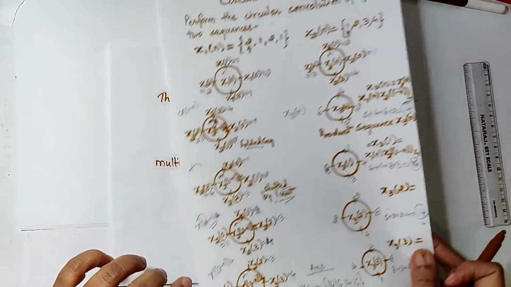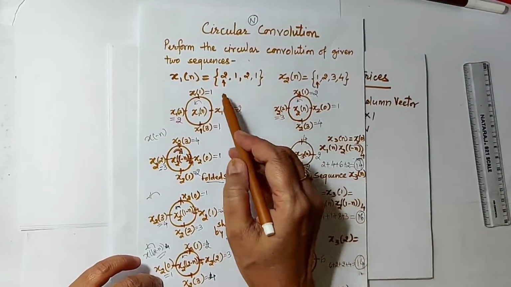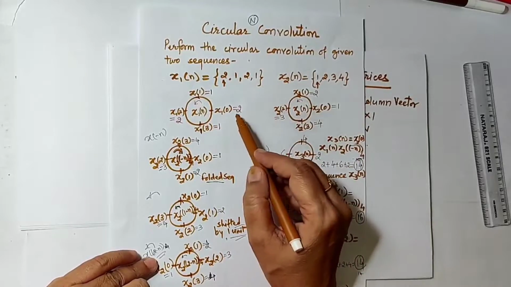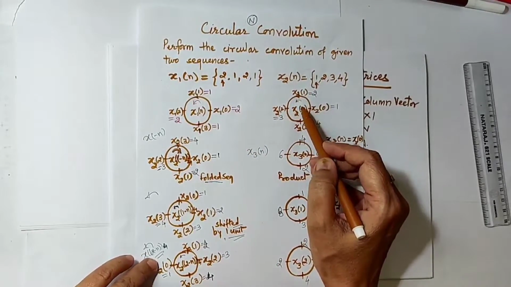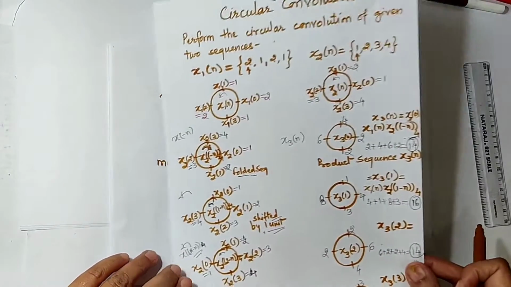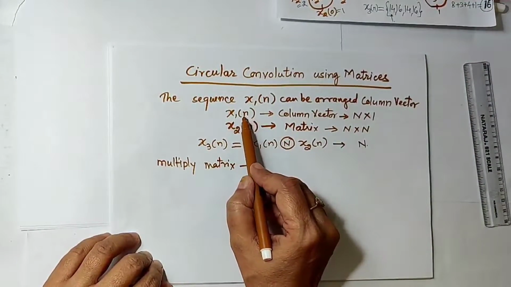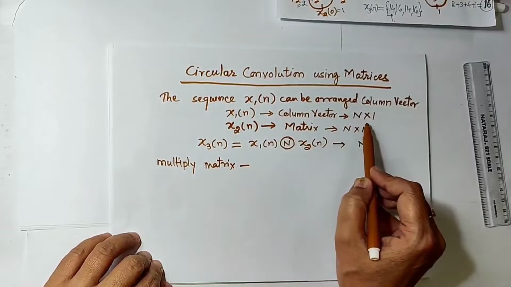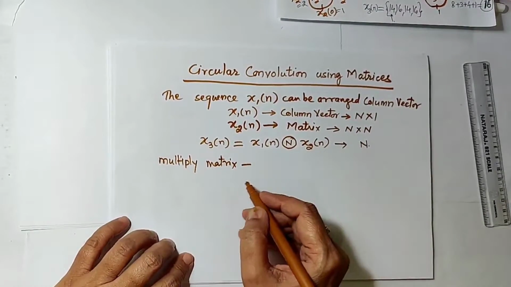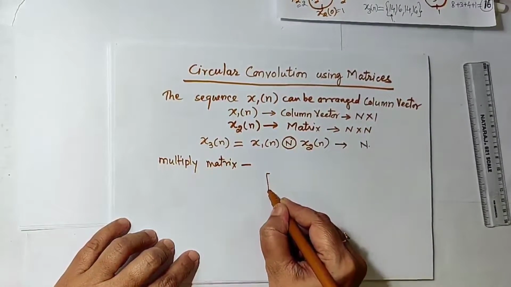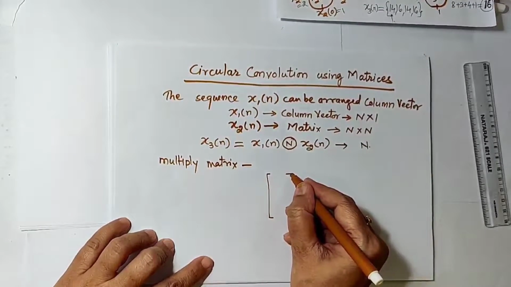You know what we did in our problem: we took x1 as it is and shifted x2 circularly. The same we are taking here, shifting x2 and taking x1(n) as a column vector as usual. So this would be the column vector.